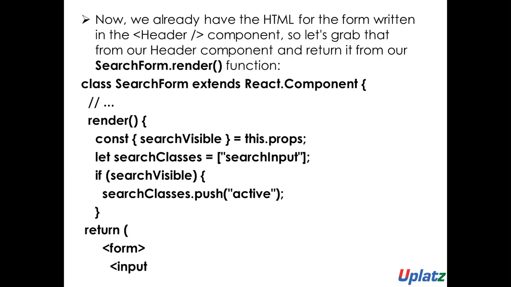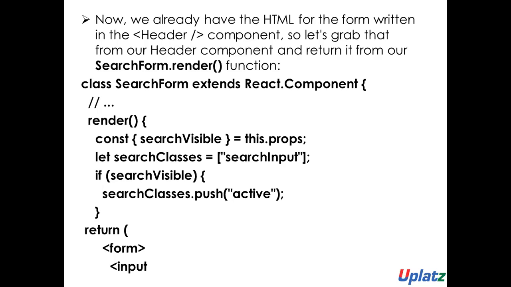I have the HTML for my form in the header component. We can grab that from our header component, and then I'm returning it from our search form's render function. So the class SearchForm is now extending the React component.